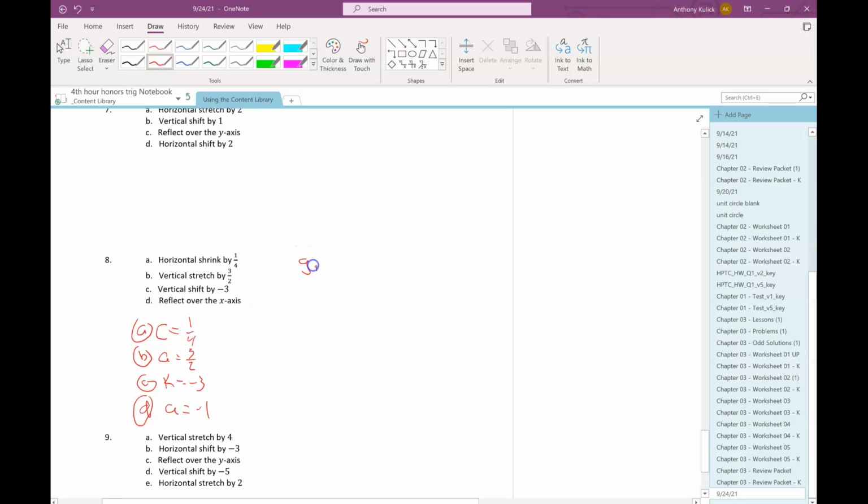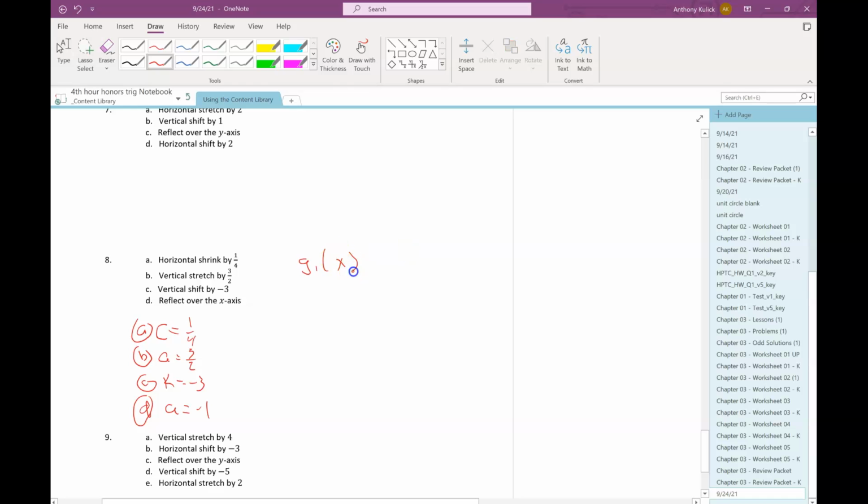So my first one, g of x, is going to be 1 over c times x. Oh, this is how I want to write f of x.